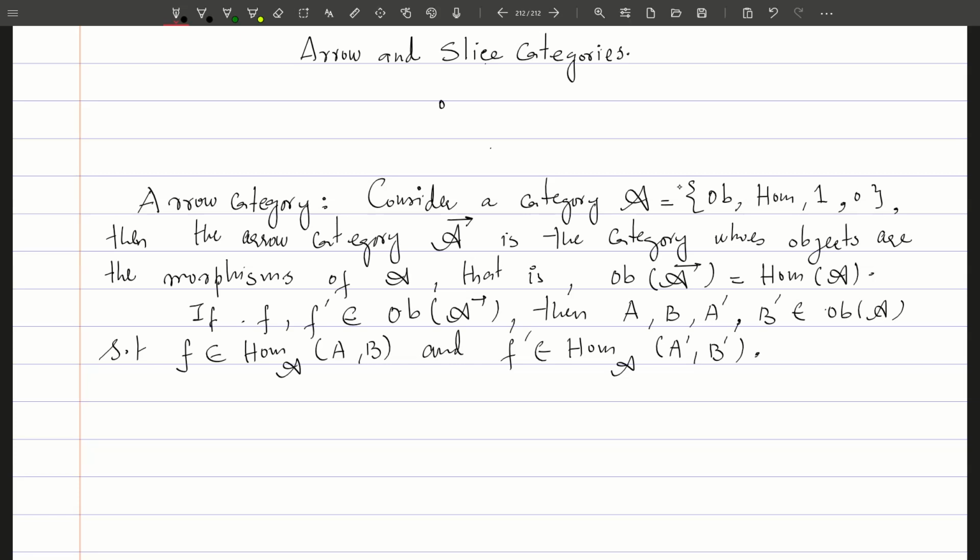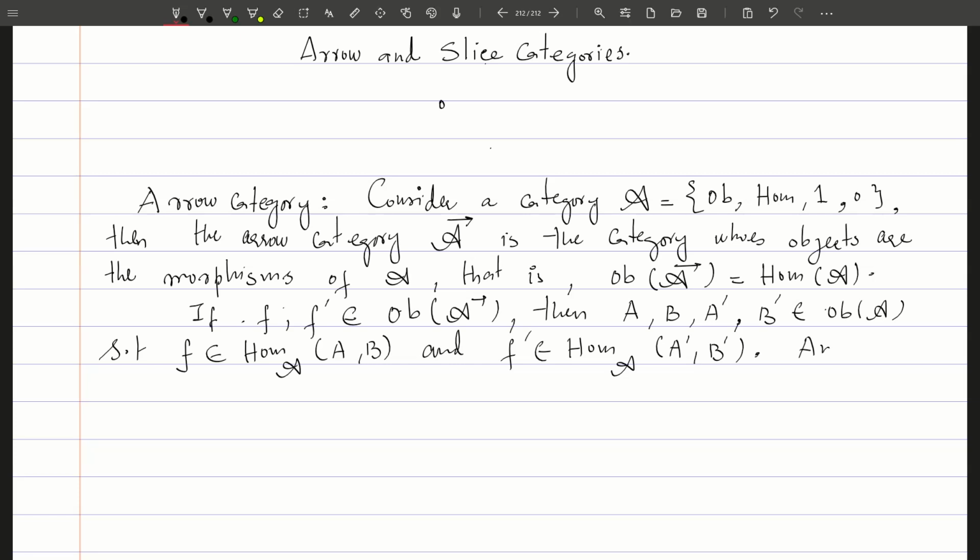Now, F and F prime being objects in this new category, there must be a morphism from F to F prime. So let us exhibit an arrow between these two elements.